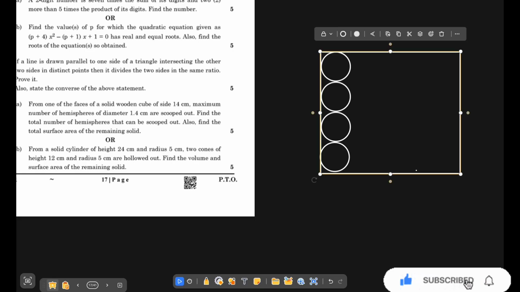What is the length of one side? Each side of the solid is 14 centimeters, one face. And what is the diameter? Here it is 1.4, right?